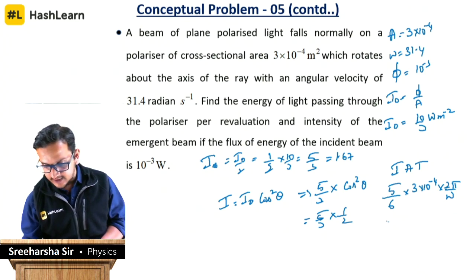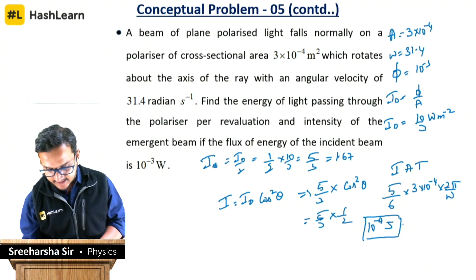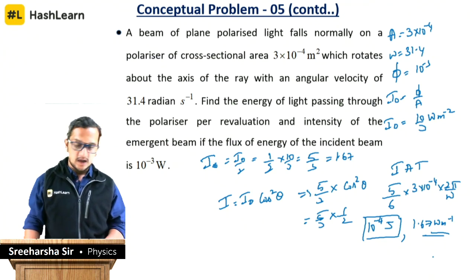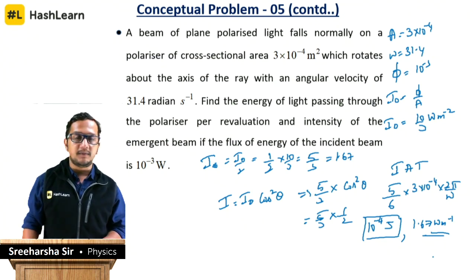So from this you will have the answer as 10 power minus 4 joules is the energy transmitted, and this 1.67 watt per meter square is the intensity. So this is the problem.